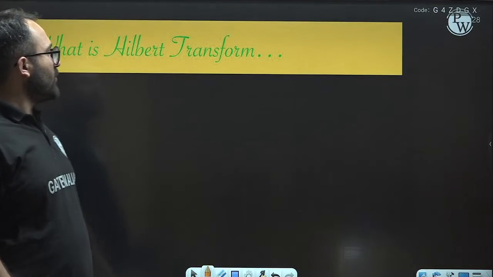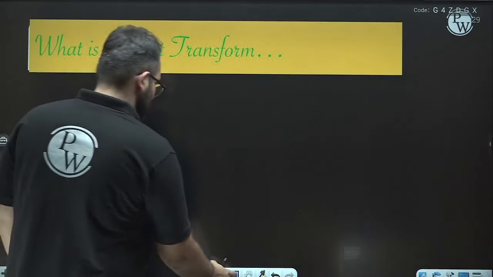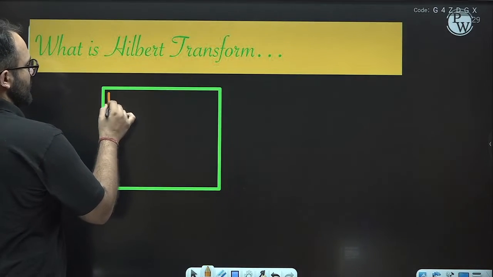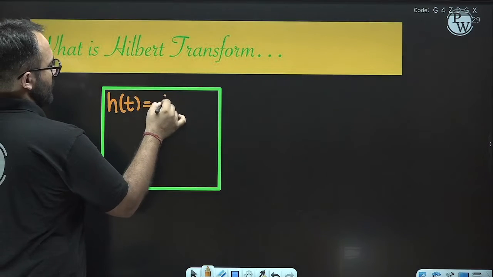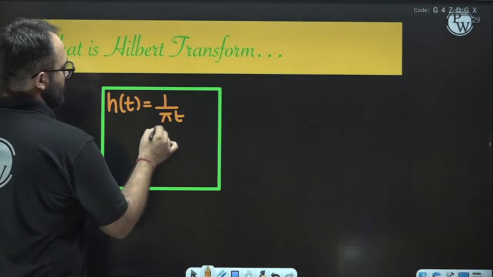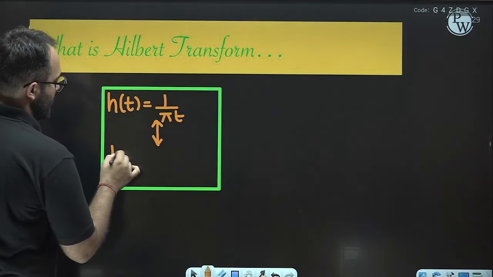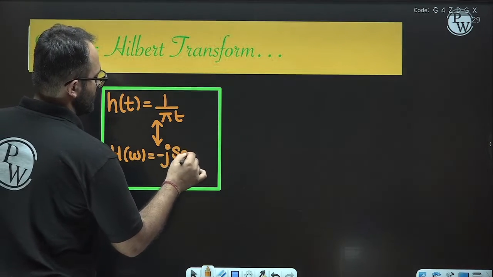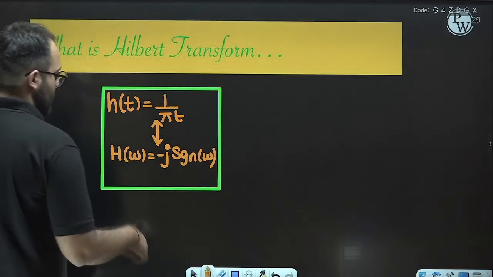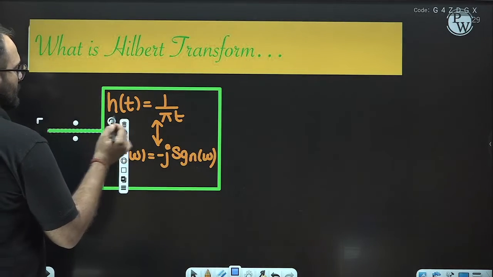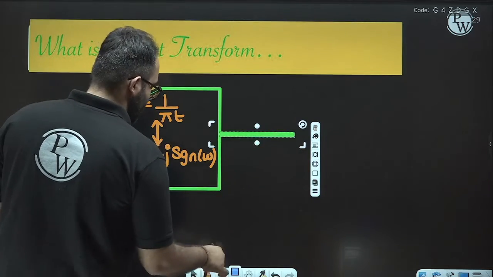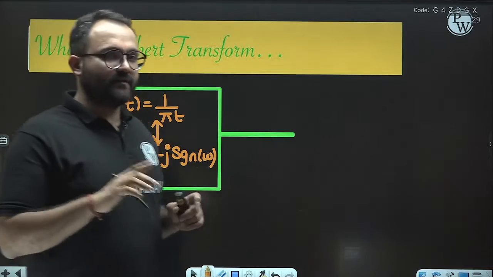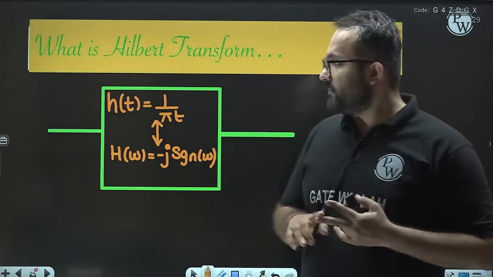Now what is the property of this system? If the impulse response is 1 upon pi t, the Fourier transform H(omega) will be minus j signum omega. So you have to remember two things, the impulse response and the Fourier transform, minus j signum omega.